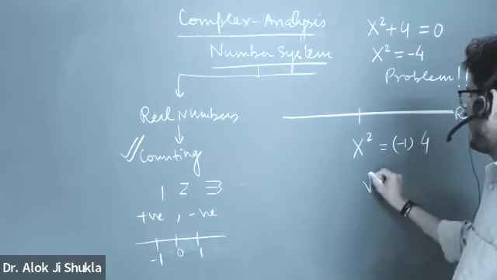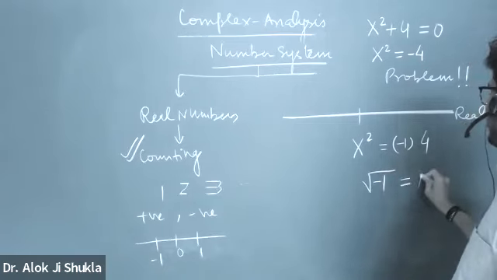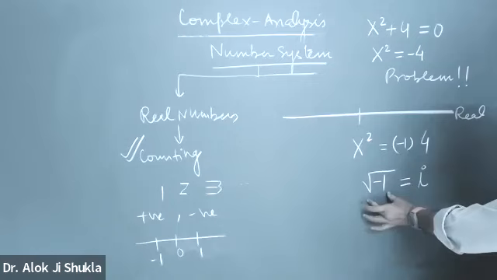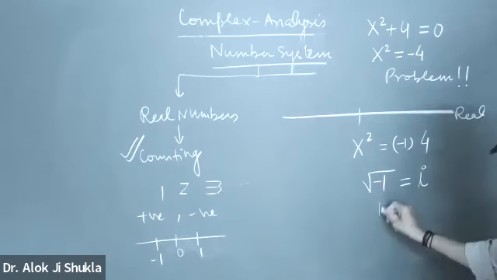So they wrote under root of minus 1 is equal to just a letter. Because this is a number, it should be a constant. So that constant was written as iota, just being the first letter of imaginary.